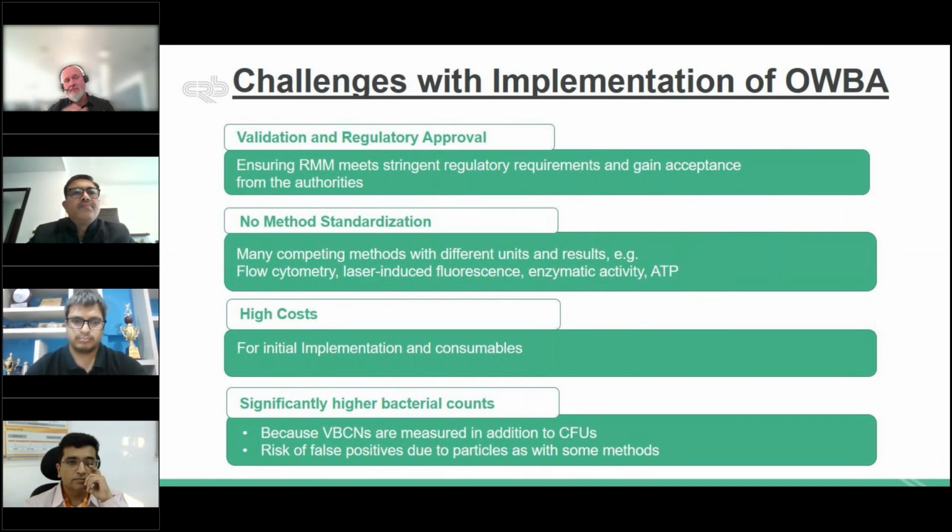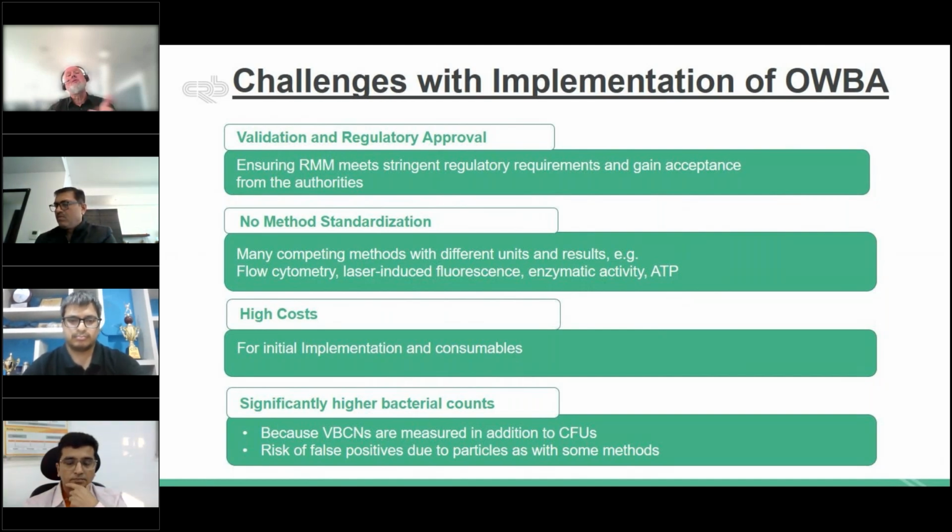And of course, these devices are not for nothing. They have relatively high costs for the initial investment. You have to calculate about $100,000 plus to install such a system.